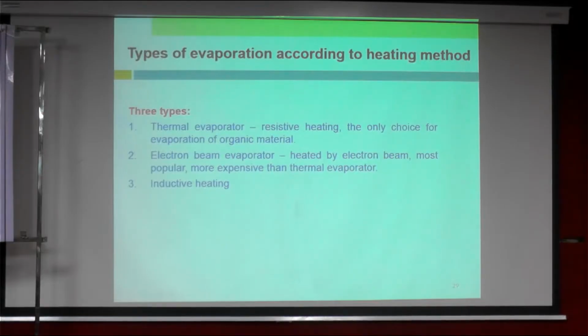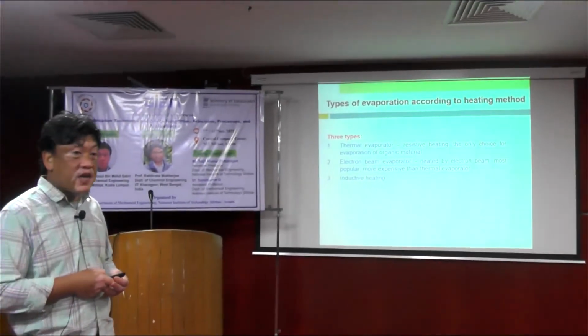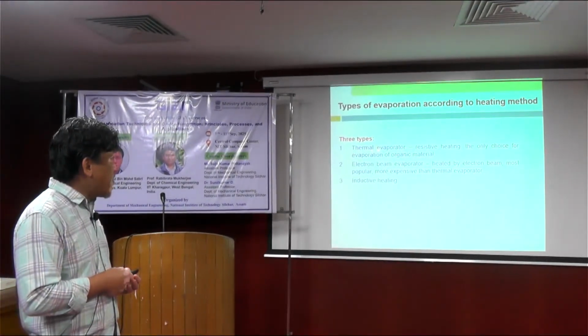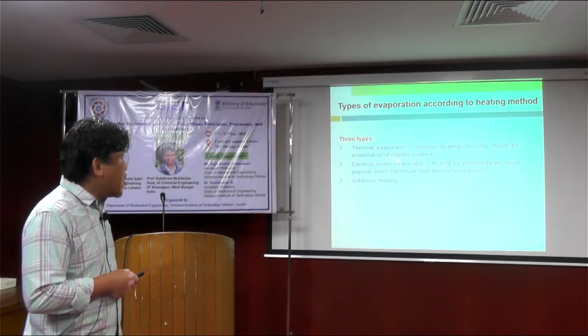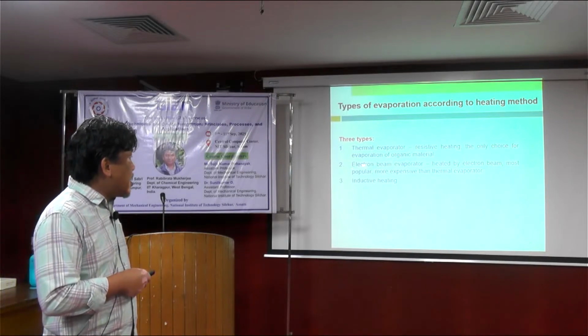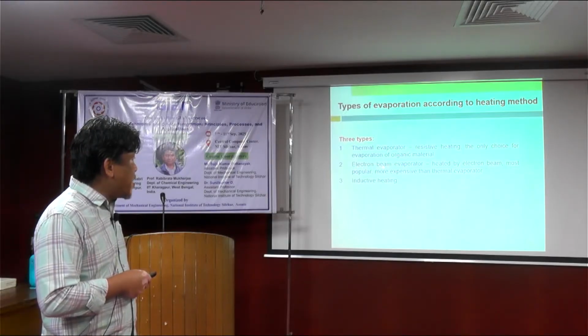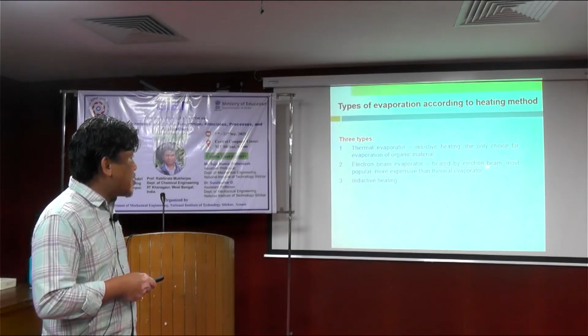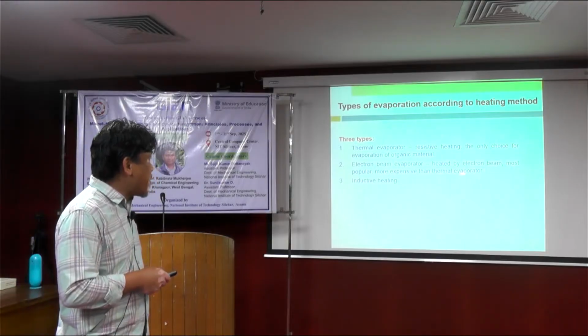And there are three types of evaporation according to heating method. It's just the different heating method by which we classify the evaporation. Thermal evaporator, resistive heating, is the only choice for evaporation of organic material. Then, as I mentioned before, there is the electron beam evaporator, heated by electron beam, most popular, more expensive than thermal evaporator.